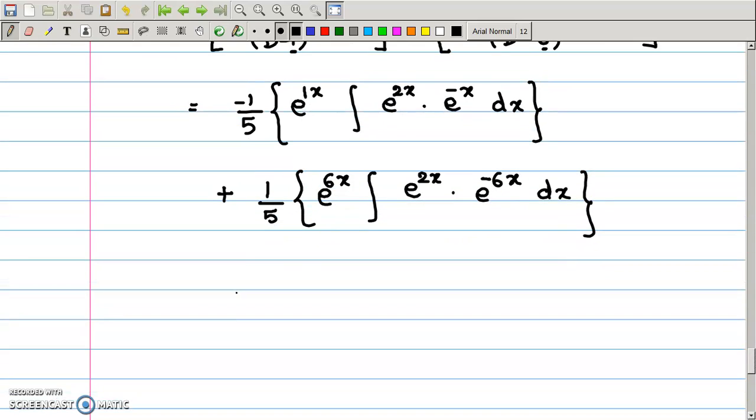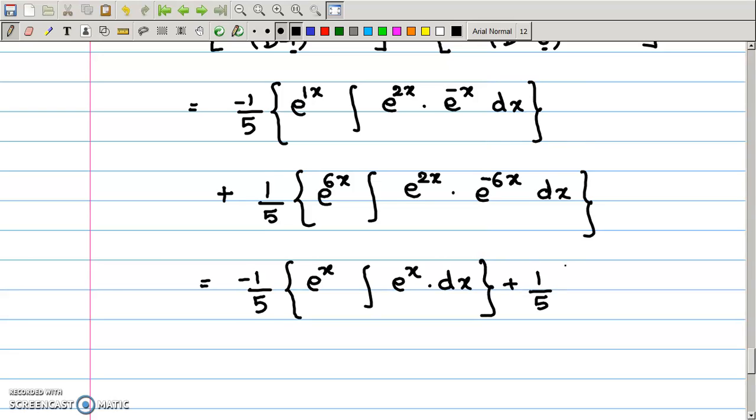So we take the integration one by one. So it is minus 1 upon 5 into e raised to x into integration of e raised to x dx, plus 1 upon 5 e raised to 6x outside the sign of integral, e raised to minus 4x into dx.